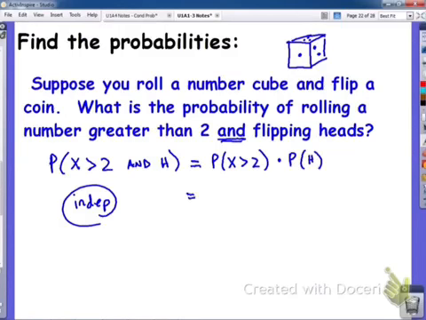Okay, so probability of rolling greater than 2. I need to know that number. I'm going to ask you for it. Let me call on Joanna. Not here? Okay, I'm sorry.